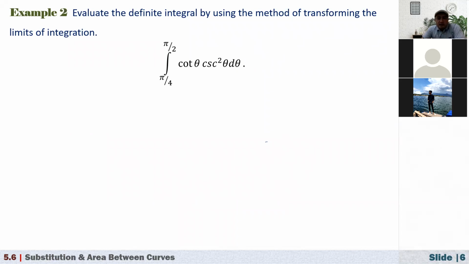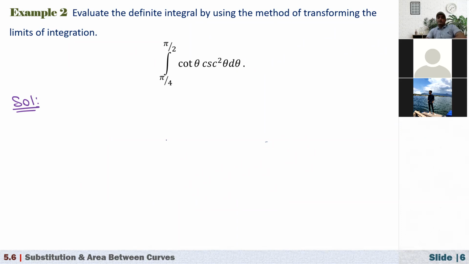Another example: evaluate the definite integral by using the method of transforming the limits of integration. So that means that we are talking about the previous method. The solution is between pi over 4 and pi over 2. Actually, cotangent is cosine over sine, we have no problem. And cosecant is 1 over sine, also no problem.